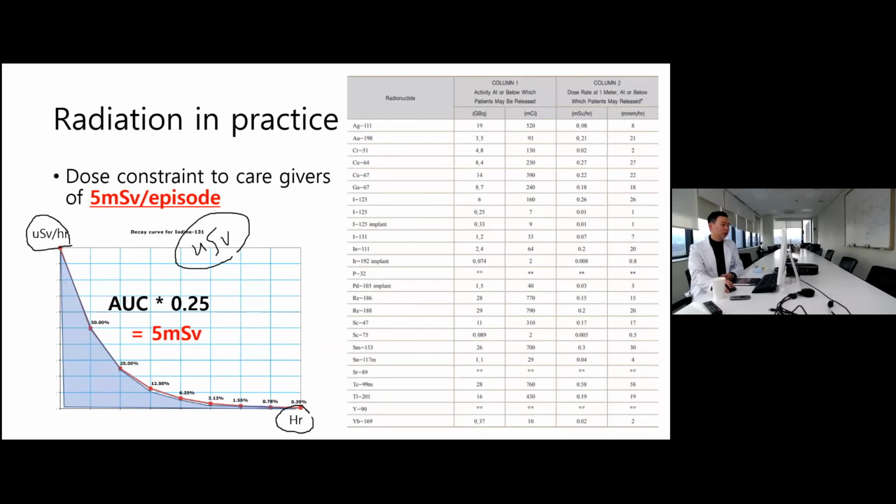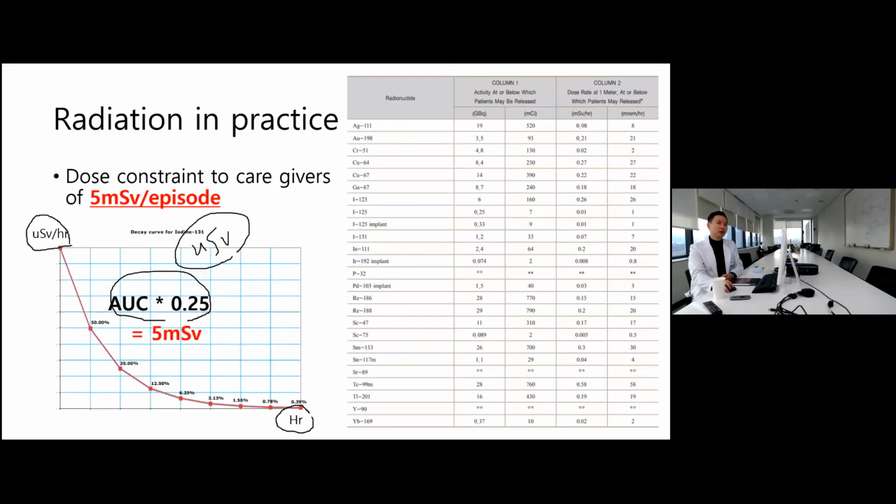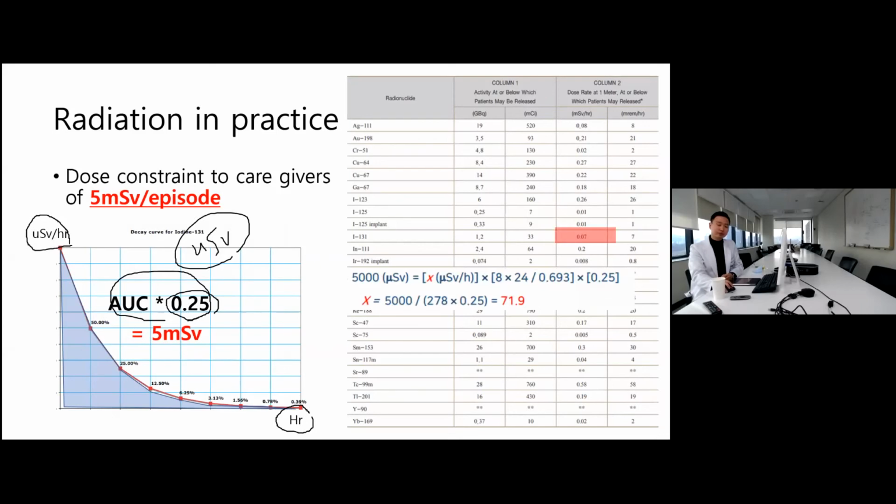With the area under the curve and the occupancy factor of the quarter, you can easily derive the release constraint, the dose rate constraint for the patient for release, which here is 71.